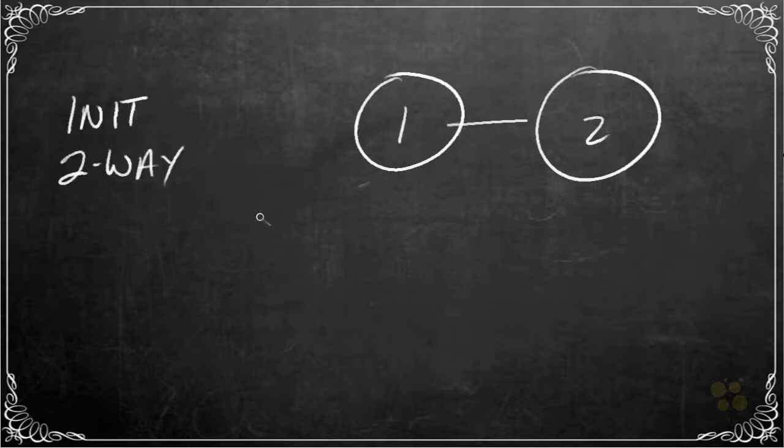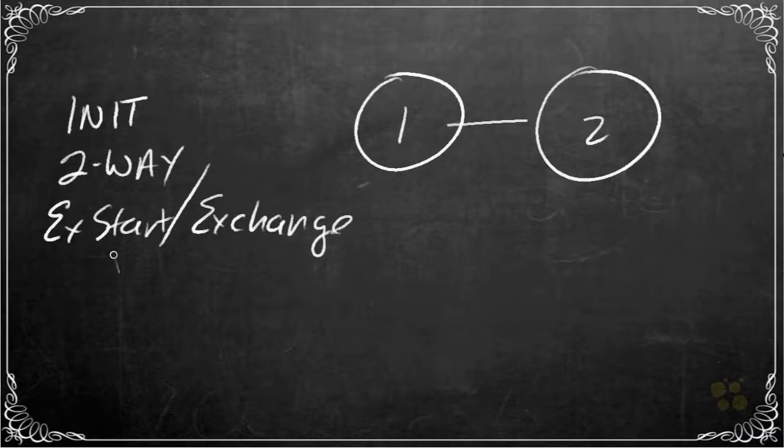Now, at that point, if they want to continue further, there's a process called xstart and also exchange. So xstart and exchange, I kind of think of that like dating, testing the waters, talking to each other, seeing how they're doing. And then if they decide to proceed forward, there's a state of loading with OSPF. And that would be where they're learning everything about each other.